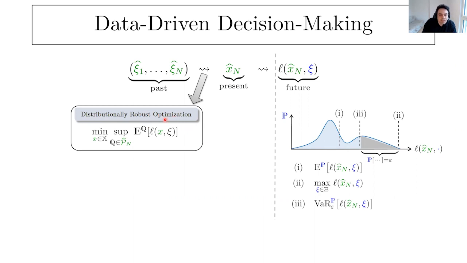You can think about it as minimizing a worst-case expected loss, in which the expectation runs over a family of distributions that people refer to as an ambiguity set. That's a very general framework, and the central piece of this framework is this set of distributions known as the ambiguity set.